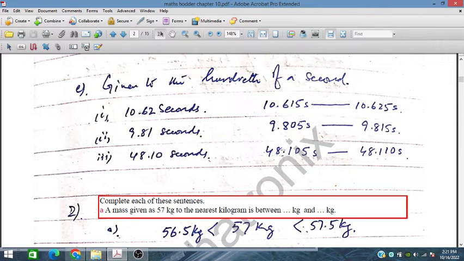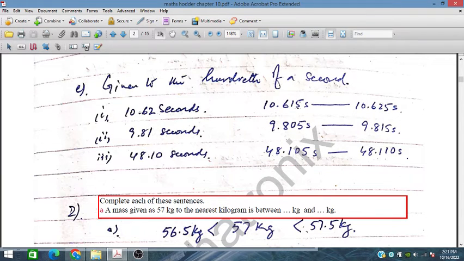Give to the hundredths of a second. Hundredth of a second means this is the unit position, this is the tenth position, and this is the hundredth position. This approximation means that the next digit decides whether we round up or keep the value the same. So we consider 6.15.